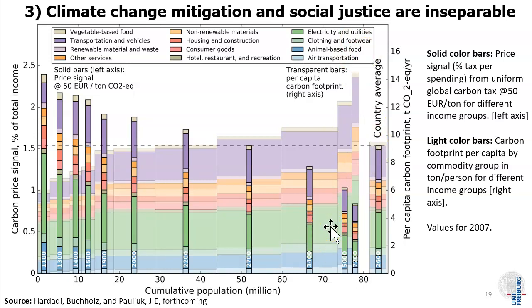What we can do in the second step is calculate, okay, let's assume there's a global carbon tax. In this setting, we had a 50 euro per ton carbon tax, and assume that the carbon tax applies economy-wide and quantities don't change. So people just continue consuming, so they have to pay the carbon tax. And what happens then is that the low income groups here would have a certain consumption, about 7 tons per capita.